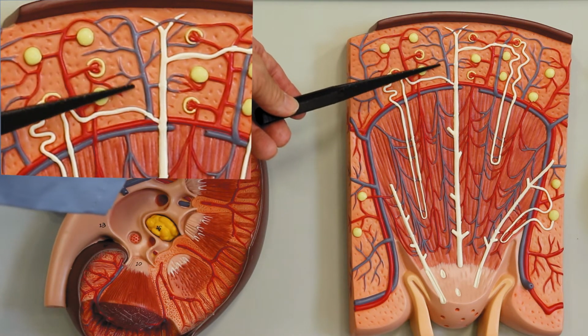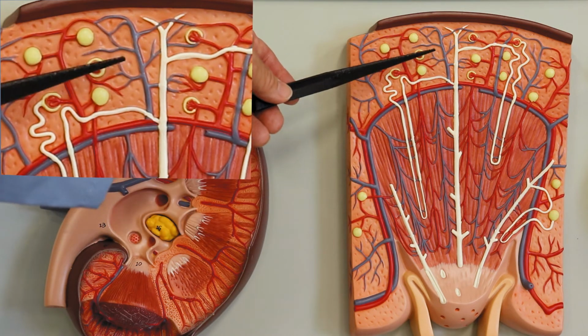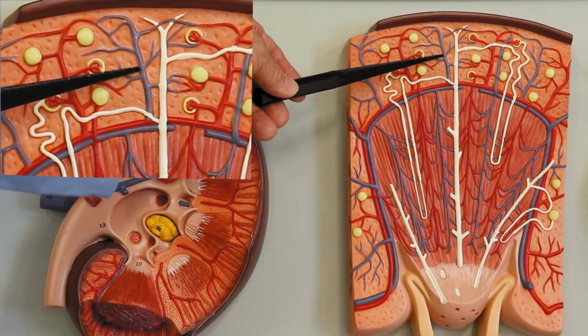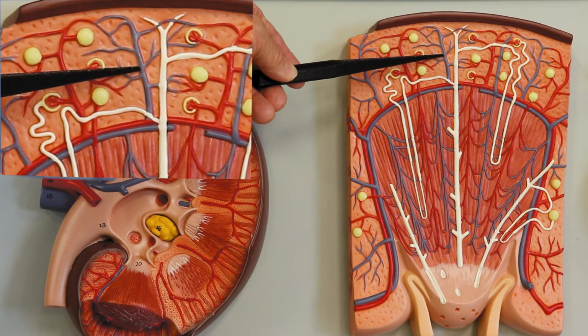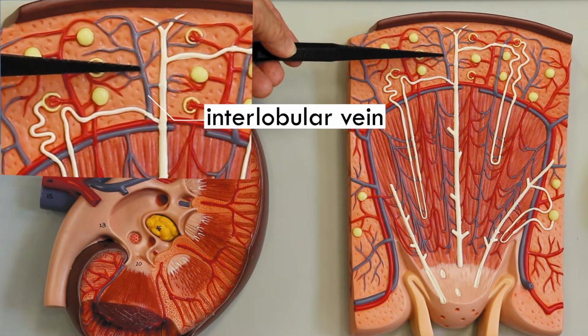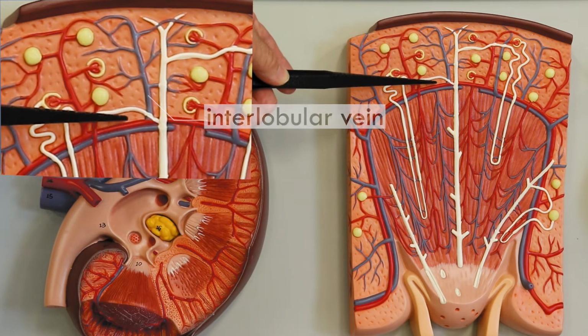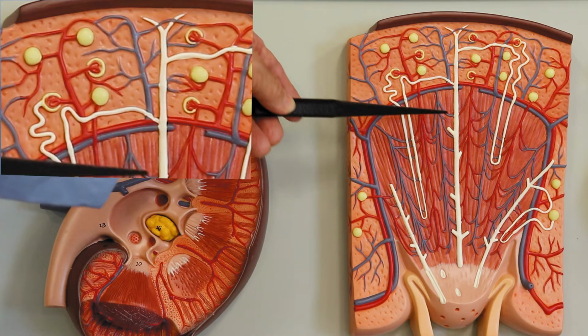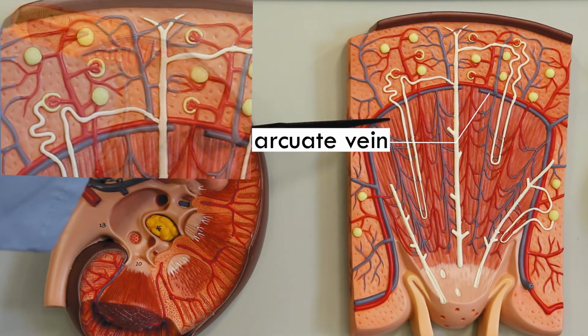venules associated with the nephron that are emptying into the cortical radiate vein, or you could call it the interlobular vein. The interlobular vein empties into the arcuate vein.